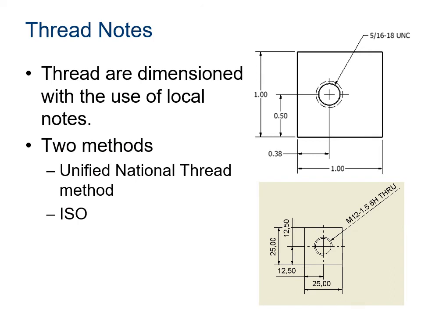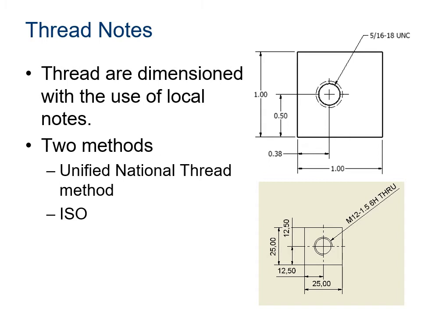Thread notes. If you're using threads for tapped holes, there are two different methods of identifying thread information, and these designations are based on the measurement system you're using. If you're working in inches, you're going to be using the Unified National Thread method, or if you're working in metric, it's going to be the ISO method. You can see in the top example, we have a 5/16 hole that is 18 UNC.